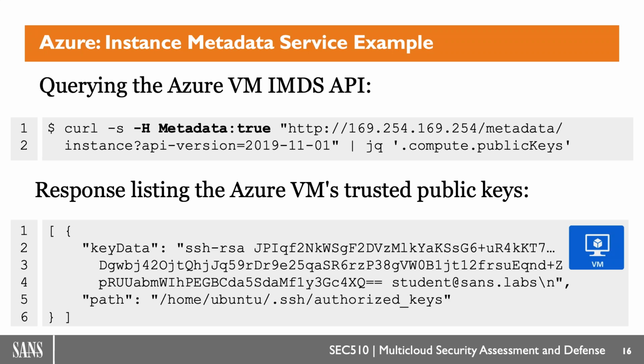And that's an extra header intended to prevent some of the red team attacks against this metadata service that we'll cover here a little bit later. The other thing that you'll notice is their API version on the URL. You've got to specify exactly which version you want to query from. And in this example, we're just grabbing the public keys that are associated with this instance. So you can see the response there is our lab environment that Brandon will show you here in a little bit. And you can see, oh yeah, that's an authorized key that's stored on this virtual machine.